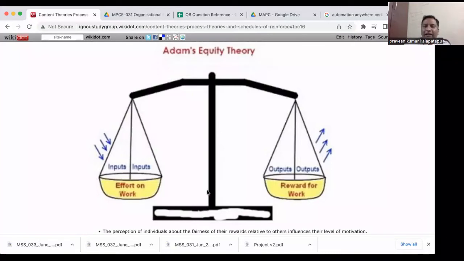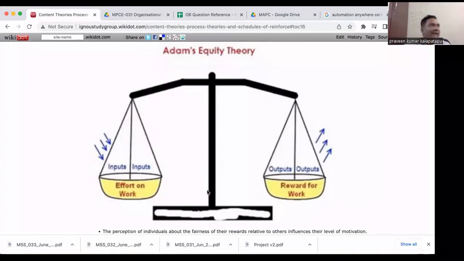But now here the kick is, every individual doesn't really think about just themselves. How they evaluate is in comparison with others. I'm not going to think that I put in 12 hours and got 50,000 as my salary. I can't really judge whether 50,000 is good enough for 12 hours or not.